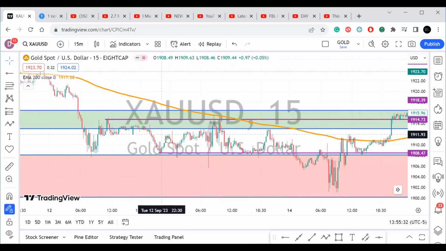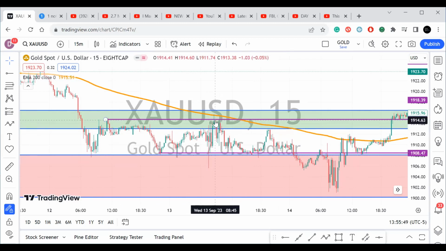Then we came into a little range. Then from here we have a new high, price made a 100% pullback, and this actually broke again. It's still within this zone, so it's more like a ranging market.